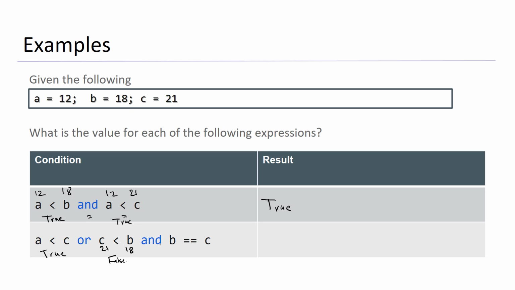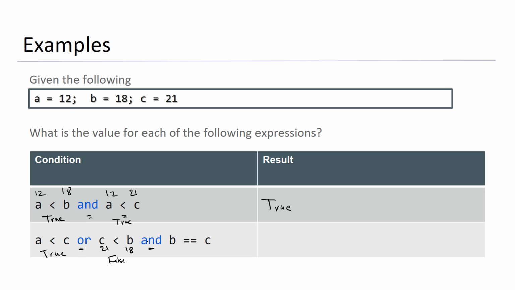Now, I don't need to look at the result of B is equal to C, because the result here doesn't matter. Python has something called short circuit evaluation. That's the first thing. And we know that AND will be executed before the OR.